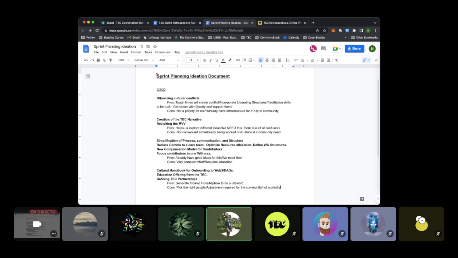I just did the first point, and I wanted to do the rest very quickly. So the creation of the TEC narrative and revisiting the mission, vision, and values. I think the points are really great points, and I believe we should do that.